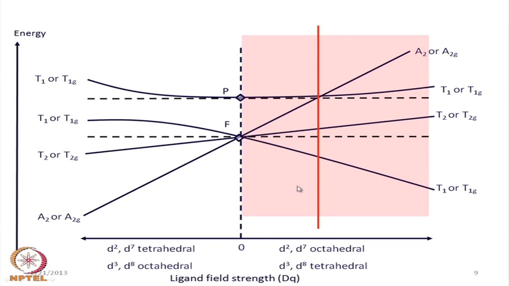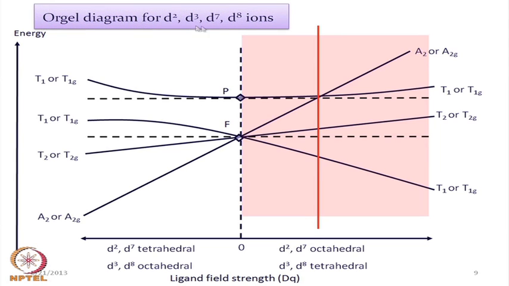We get this particular situation for all four, that means D2, D3, D7 and D8, where we have this F term that we have seen just now, and since this is not crossing, the red line is the critical line which designates the weak field case and the strong field case. In all octahedral situations these will be labeled as G, and in tetrahedral situations they are simply labeled as A2, T2 etc.